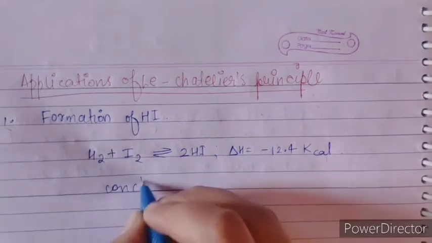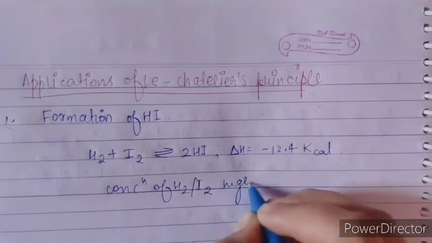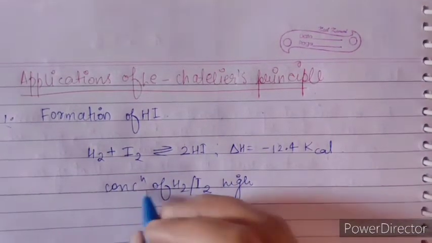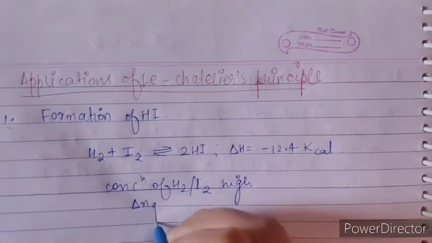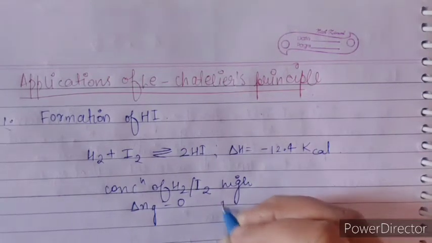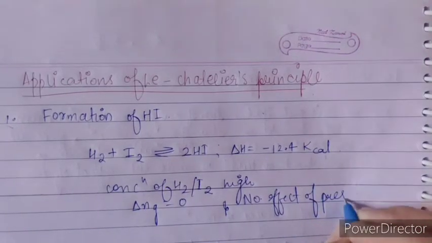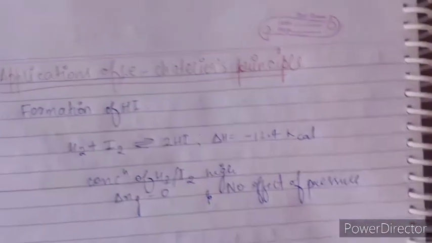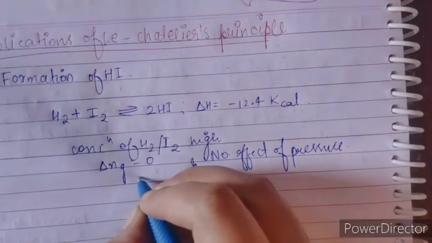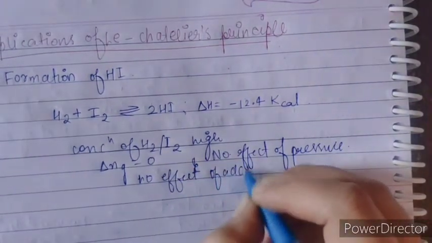The second is that it is unaffected by pressure, as delta n g is equal to 0, so there is no effect of pressure. The third is no effect of addition of inert gases, meaning there is no effect if we add inert gas.